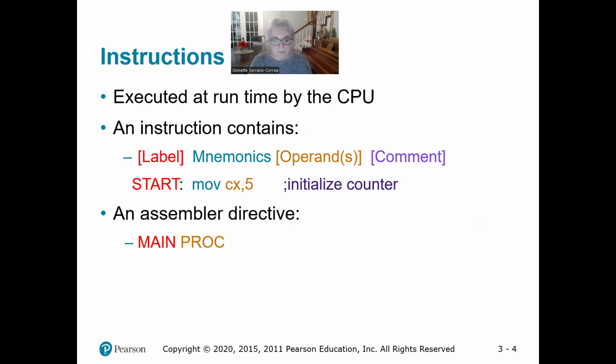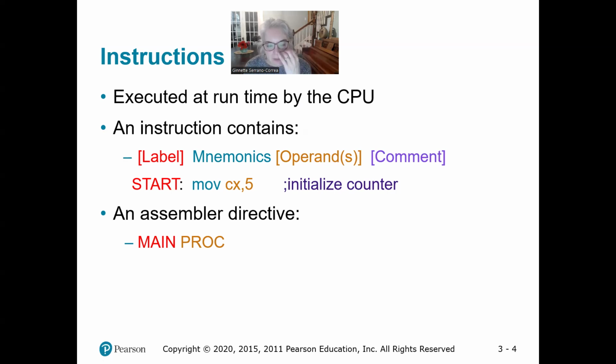So this right here, MOV CX, 5, is an instruction. When we write an instruction, instructions will start with a mnemonic, which is a word that sounds like what this short 3 letters will do.